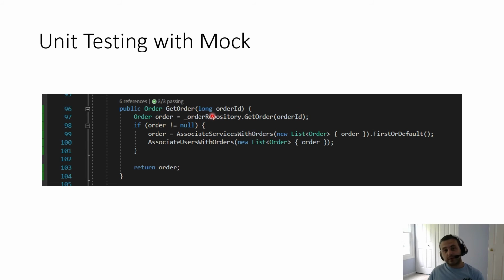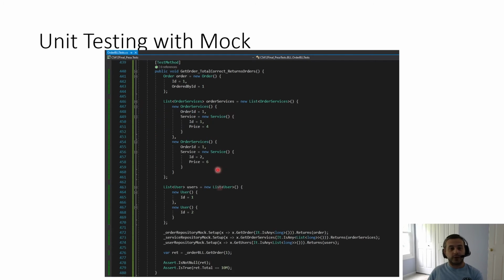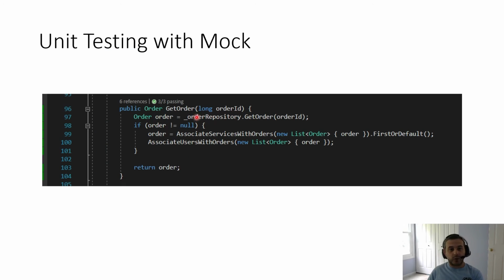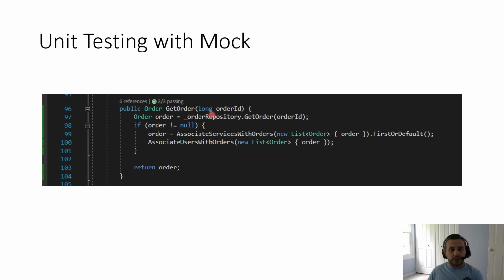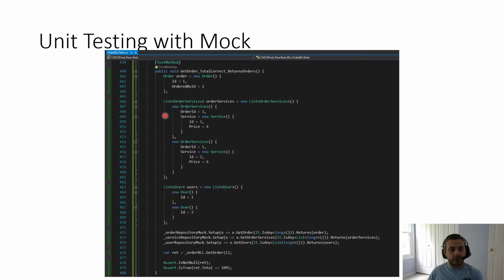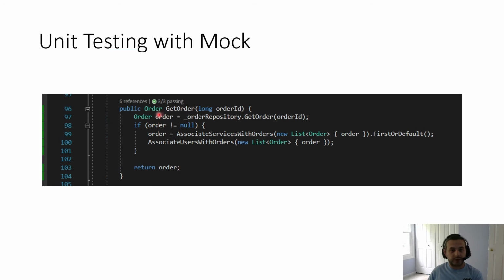But since we are mocking this repository, and we're saying whenever order repository.getOrder gets called, return this order right here, it's going to return this order right here. So now this is going to be equal to that order. It's not going to be null.